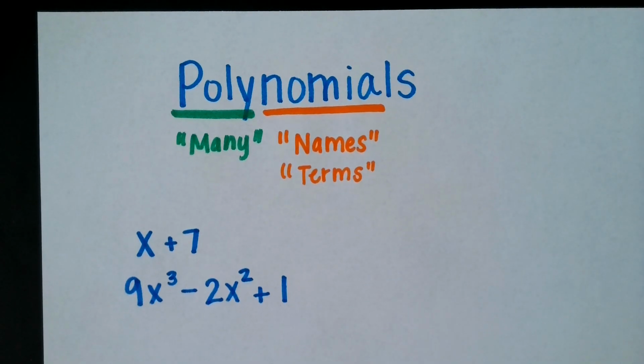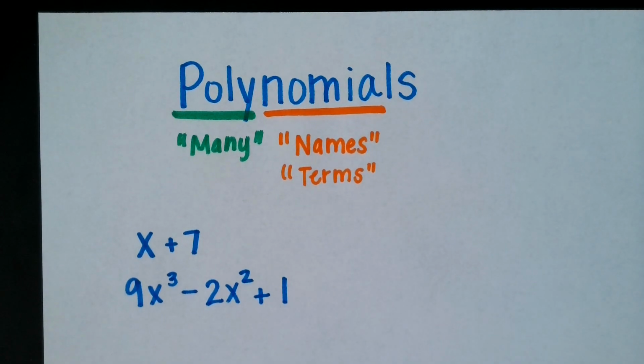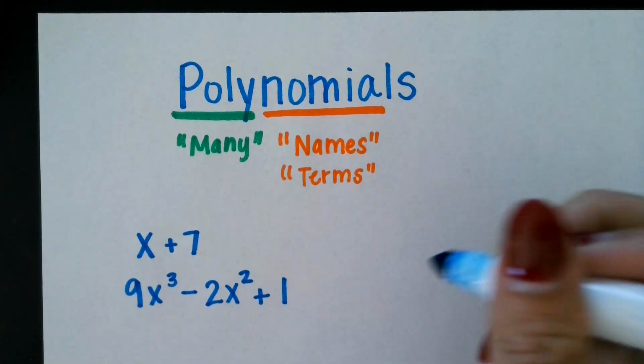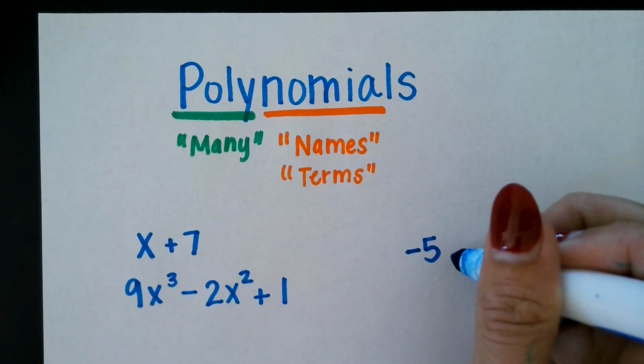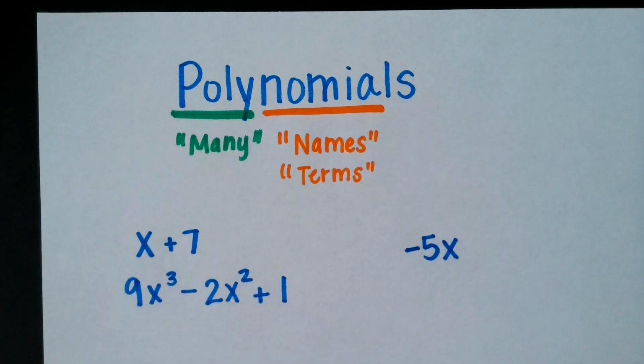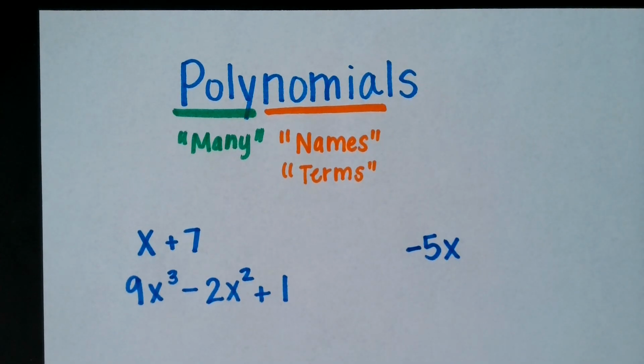And even just one piece, something like negative 5x, that in itself is actually a polynomial. It's not a big polynomial. It's a very short polynomial. But it is a polynomial.